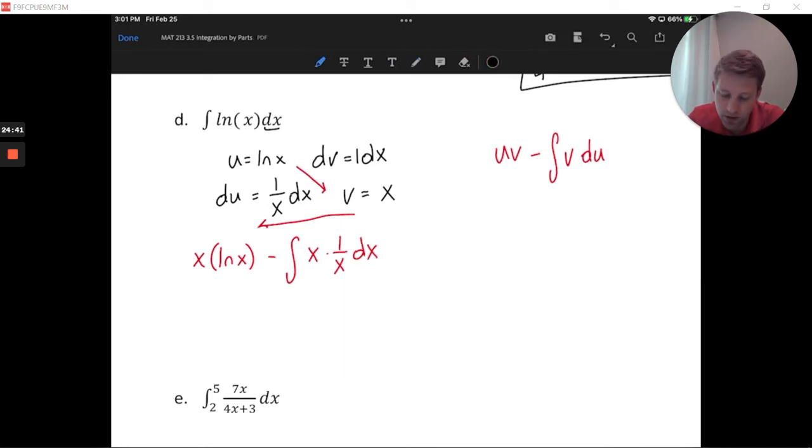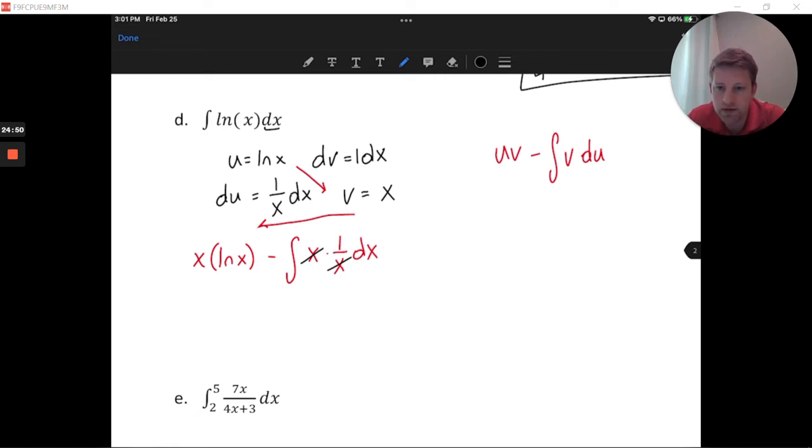Notice that in our integral here, some x's will cancel out, so we'll just be left with the integral of 1 dx. That happens to be, again, that same antiderivative we just took. And so the antiderivative of just 1 is going to be our variable x. So we have x times natural log of x minus x itself will be my antiderivative of 1. And then we can do our plus constant c.